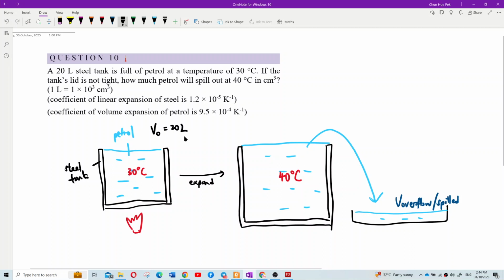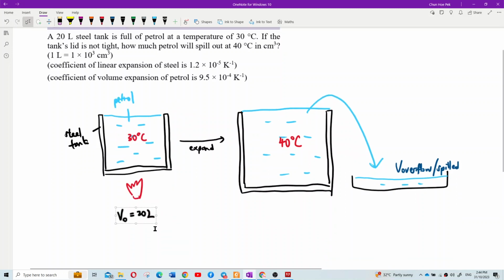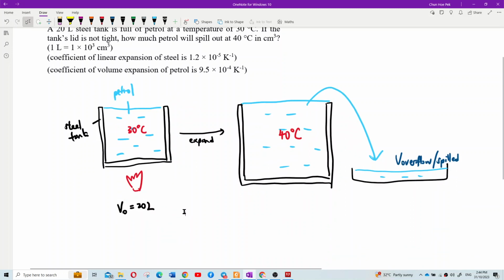Final volume. Maybe I can say initial volume for steel tank is the same as initial volume for petrol.